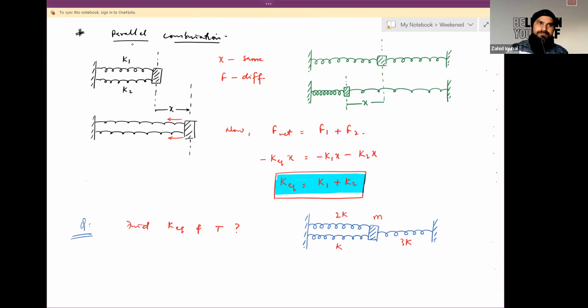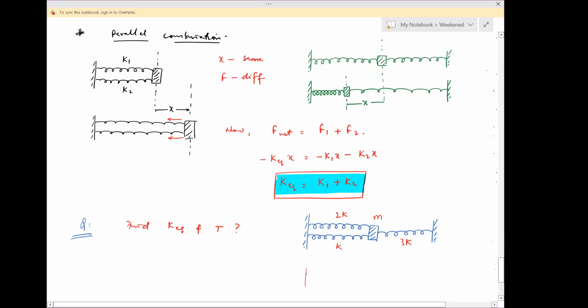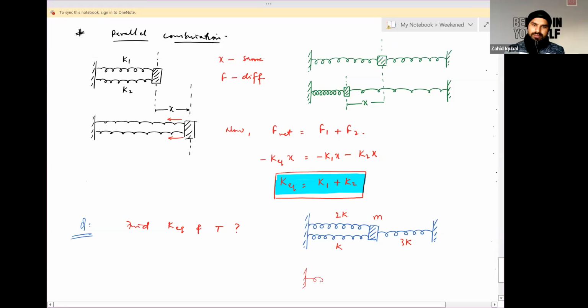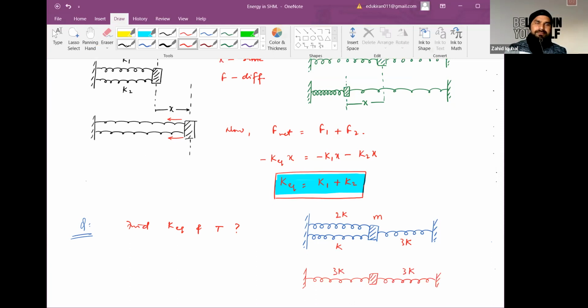Okay. It means the spring on combining these two terms will become like this. So K1 plus K2 will become 3K and this remains 3K. Now, tell me about this combination. Is it series or parallel? Series.